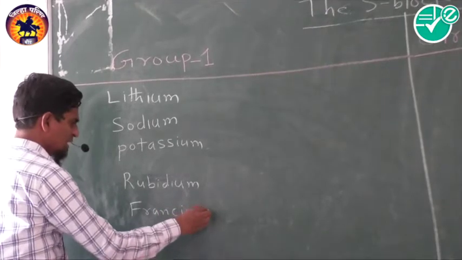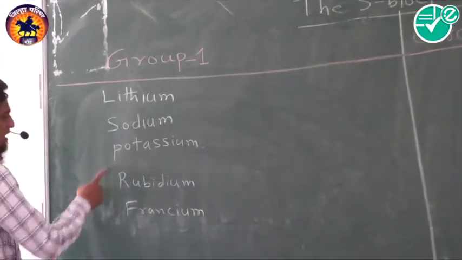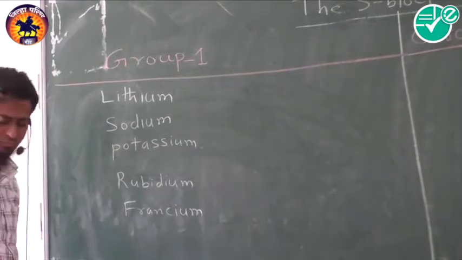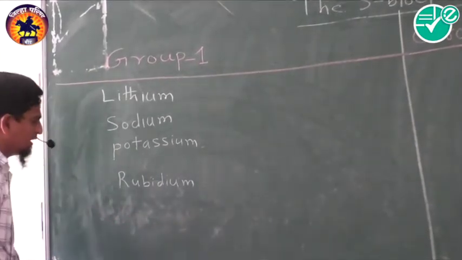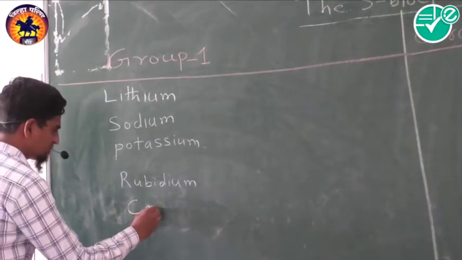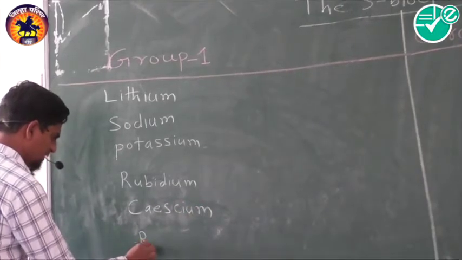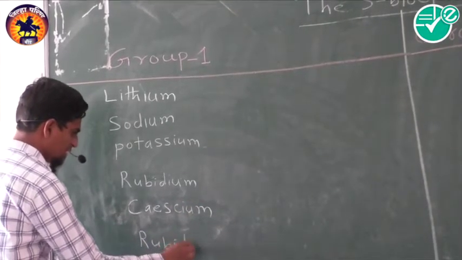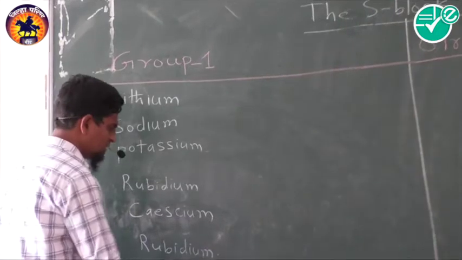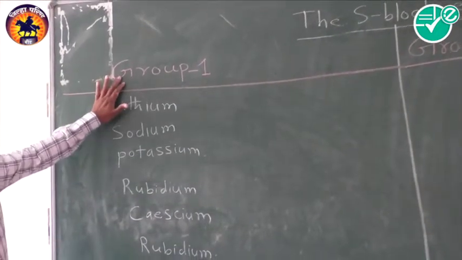Francium. And the last one is, what is that, sir? Cesium. Oh, sorry, I made one mistake here. It is after rubidium, cesium, and after that francium. These are the 6 metals present in group 1.